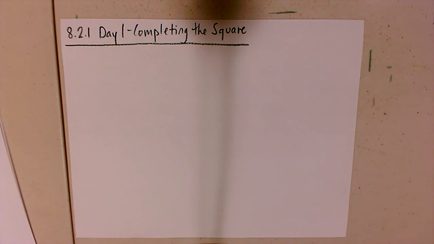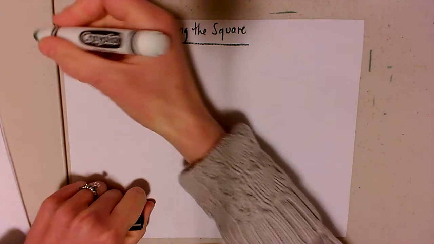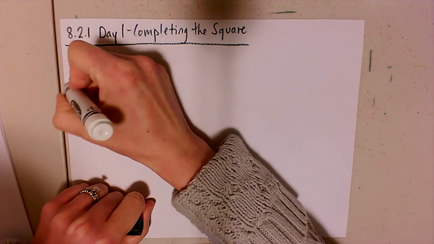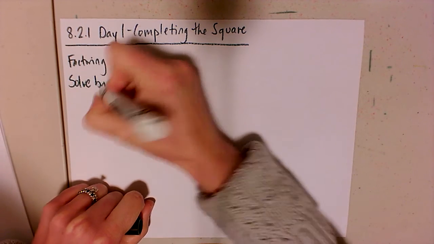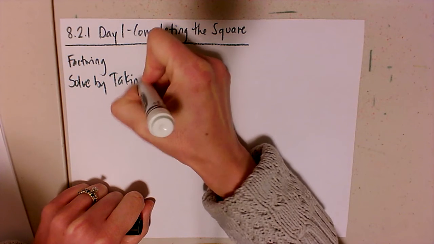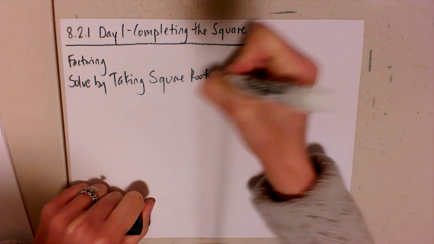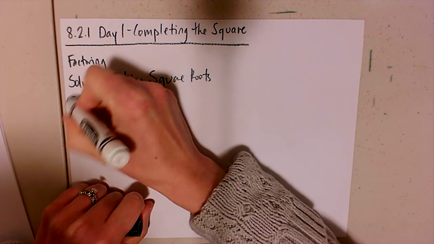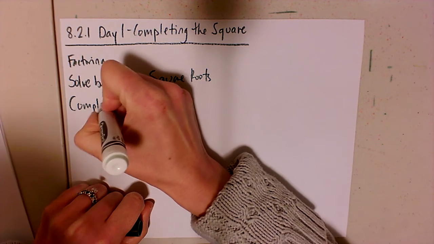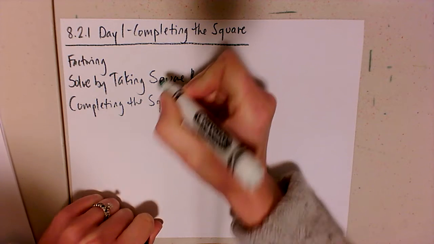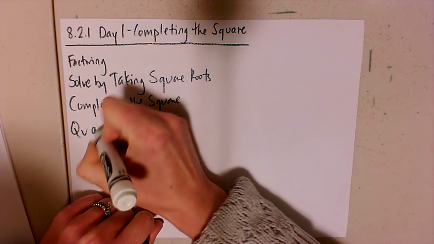The methods that we have covered so far to solve quadratic equations are to solve them by factoring and to solve by taking square roots. What we have left to cover is to solve by completing the square and to solve by the quadratic formula.